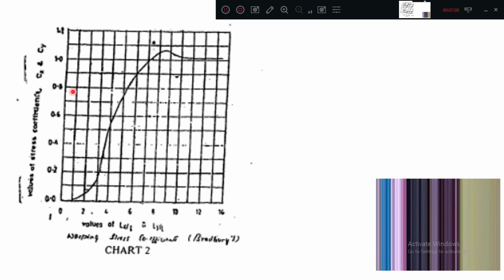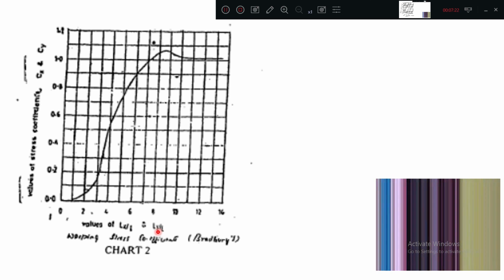Now this is what I was calling the warping stress calculation, Bradbury chart, Bradbury coefficient. Okay, how to calculate? This is to calculate Cx, Cy. How to get Lx by L, capital Lx by small l. Capital Lx is length of the panel, small l is radius of relative stiffness.